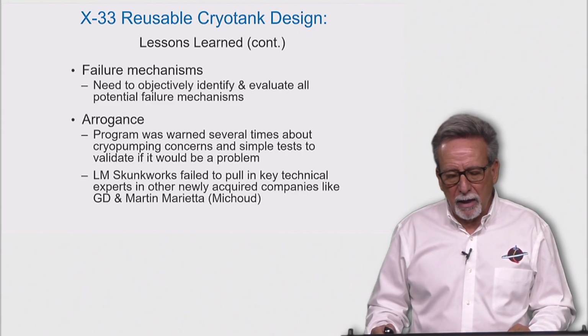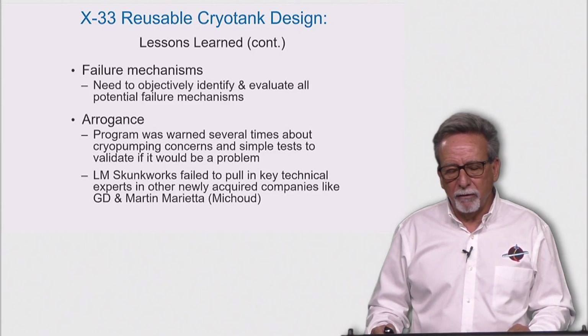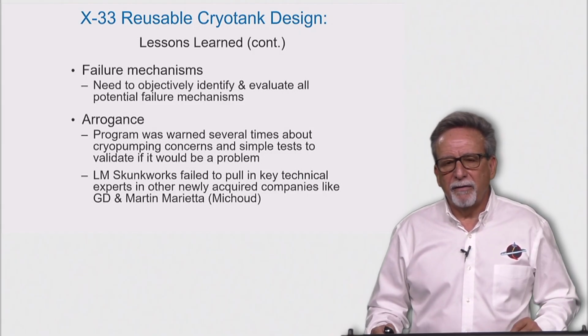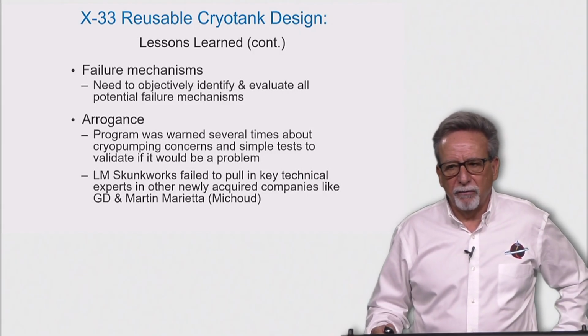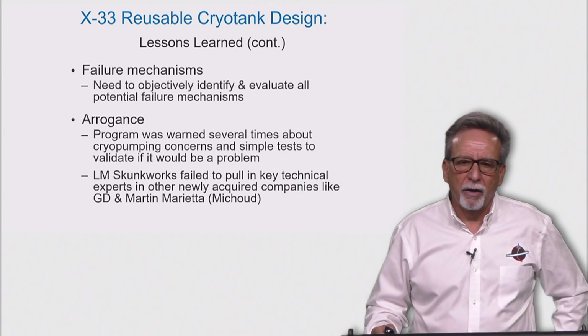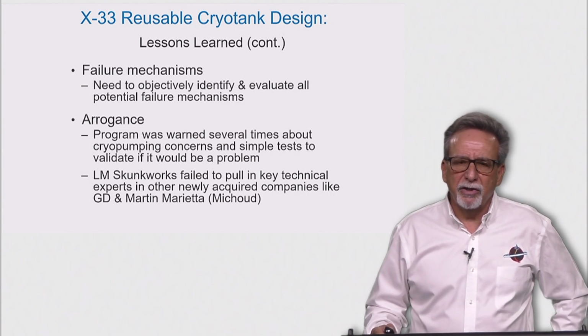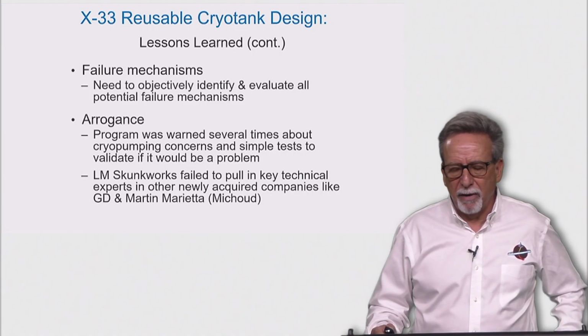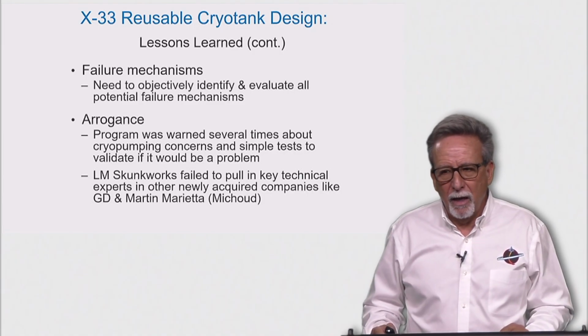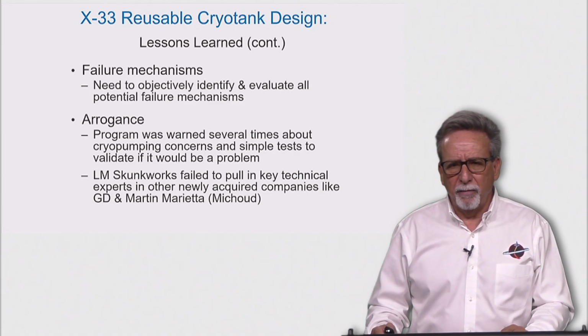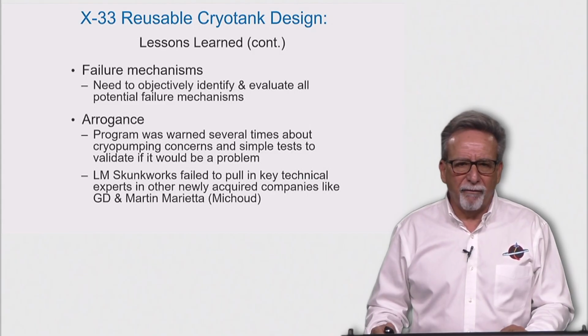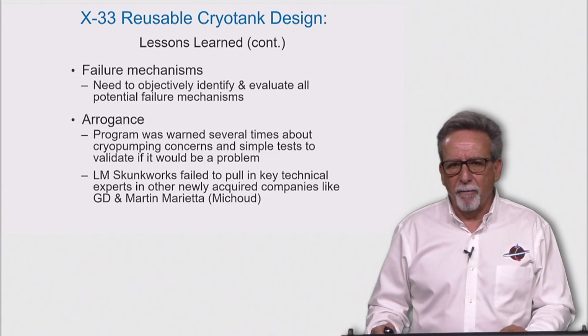In addition, Lockheed Martin Skunk Works failed to pull in key people that they had from other companies like General Dynamics and Martin Marietta, who had considerable experience in composite cryotank design. And I think this could partially be the result of arrogance on the part of high-level managers in the Lockheed Skunk Works.